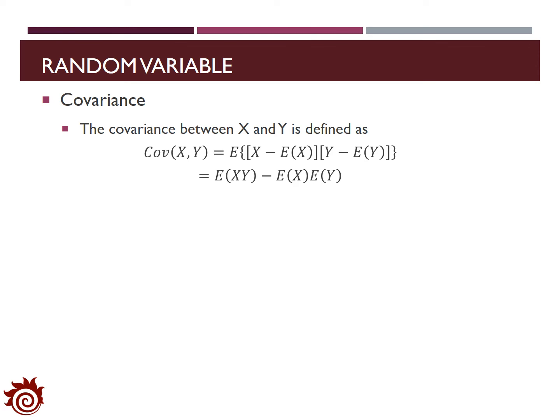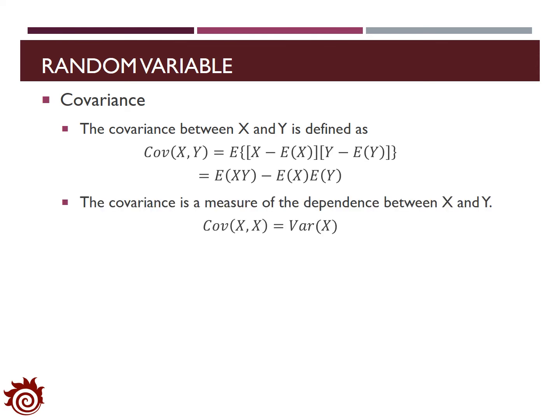It's also the same as the expectation of X times Y minus the expectation of X times the expectation of Y. It is applied to measure the dependency between X and Y. And if X equals Y, the covariance of X and X is equivalent to the variance of X.